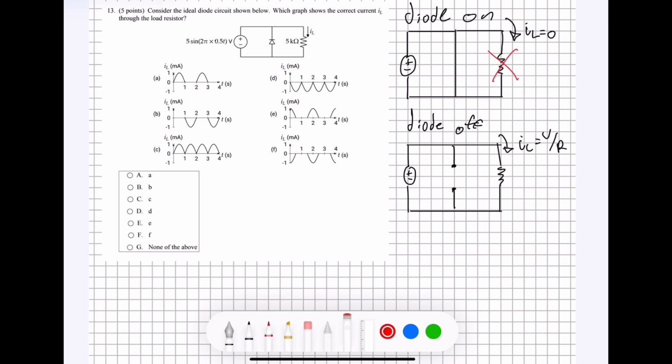So when the voltage is positive, the current is going to be flowing like this, and then going like this all the way through this loop here, because remember, this resistor is short-circuited, right? So when the voltage is positive, then that's when we're going to have this diode on.